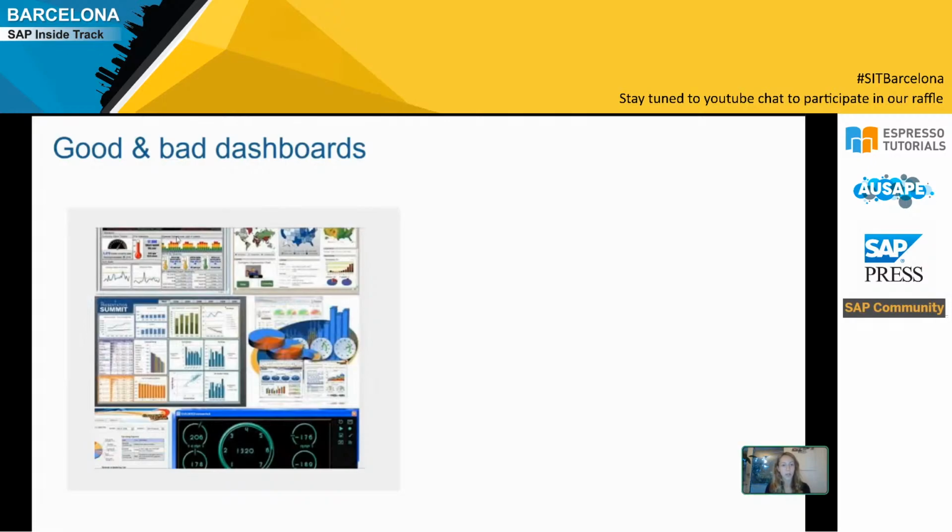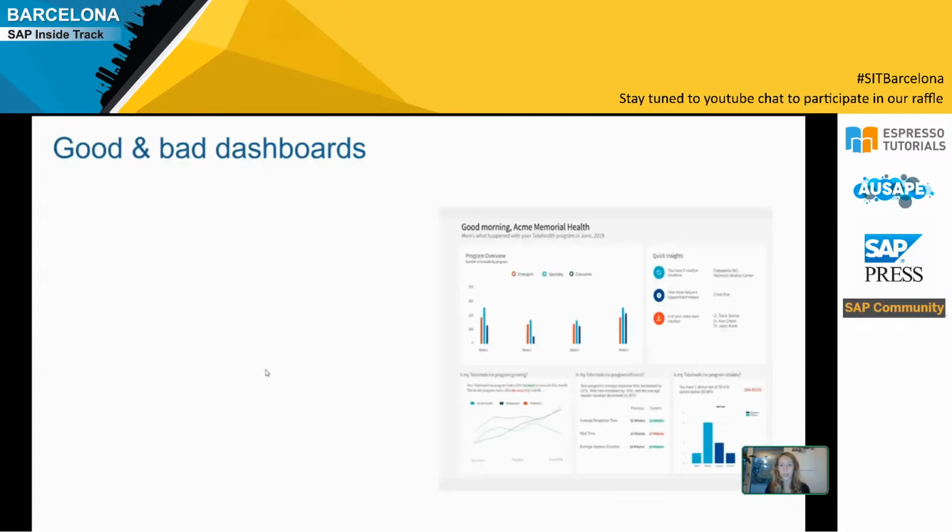So there are a lot of things that you can do badly with dashboards, but there are a lot of things that you can do well. For example, this is something that is clean. It tells you exactly what is going on. It lets you know the different things that have happened. They give you the insights. It also guides you along the dashboard without you having to make extra effort to understand.